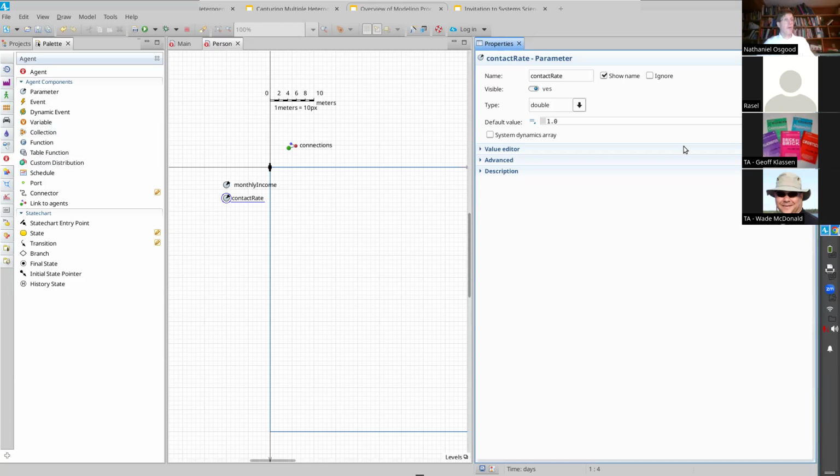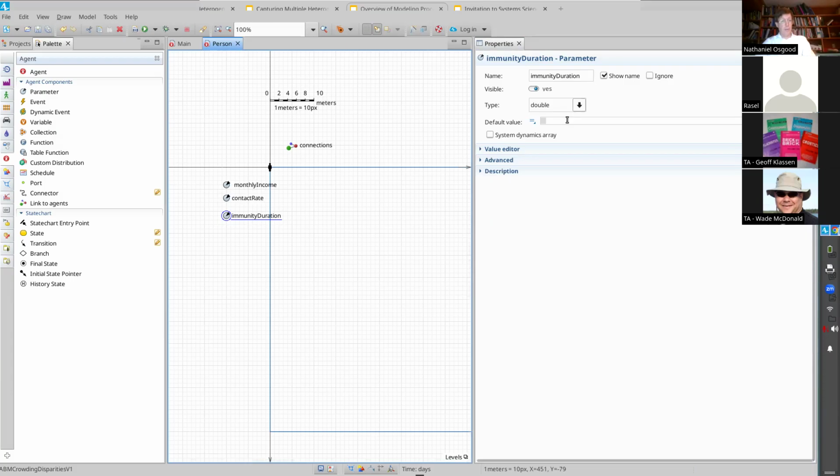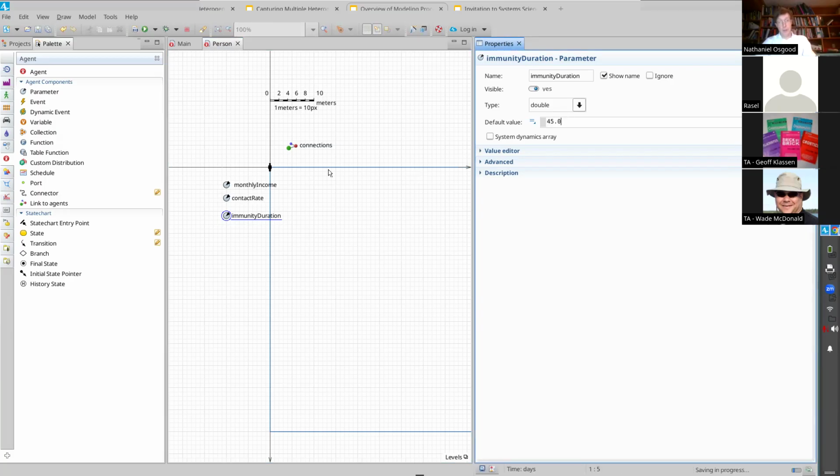And what I'm going to add now is an immunity duration parameter as well. I'm doing this partly to teach some lessons about how you can set variable things at a person level, parsimoniously to certain defaults, etc. And this is going to be default 45 days.